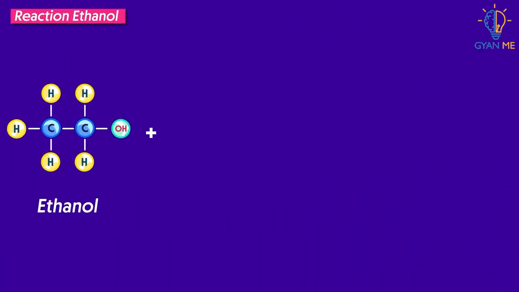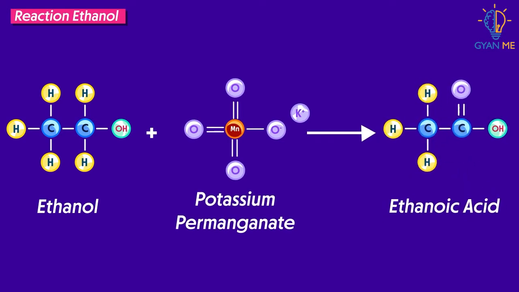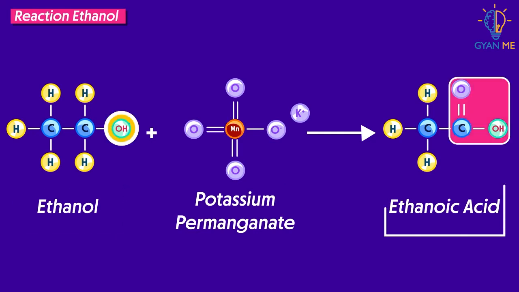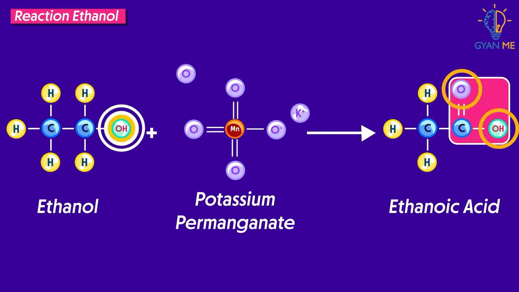Thus, in this reaction, we have seen that in presence of KMnO4, the alcohol compound ethanol is converted to ethanoic acid. Observe that ethanol has two carbons. Let's look at its reaction. Here oxygen is released from KMnO4 and it gets attached to one carbon of ethanol to form ethanoic acid. Observe that ethanol has one oxygen and ethanoic acid has two.